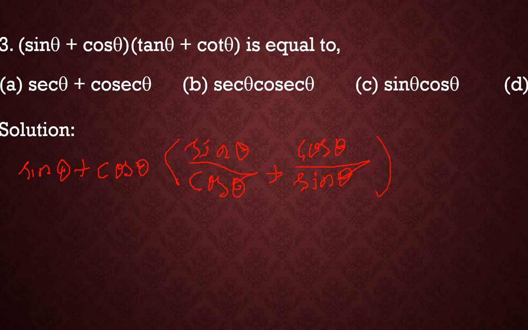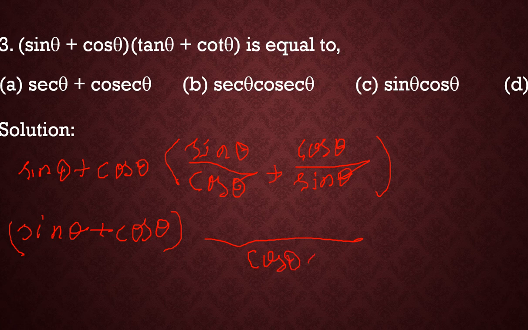So you know how to simplify. Take the common denominator. So here sin theta plus cos theta remains the same. There are no changes here. And if I take the common denominator, cos theta into sin theta will be the common denominator.